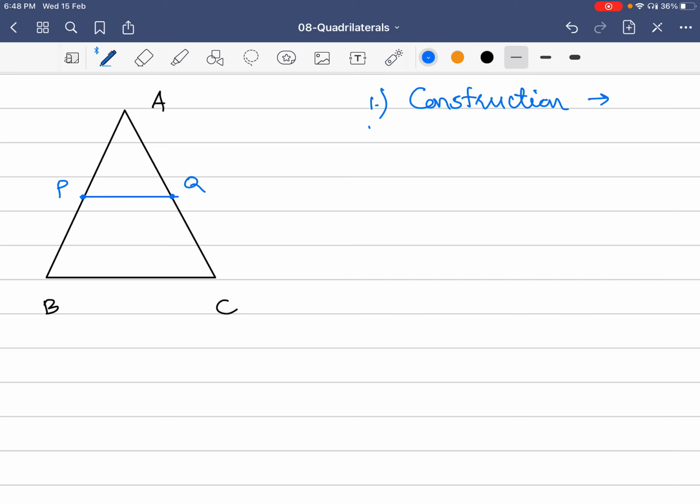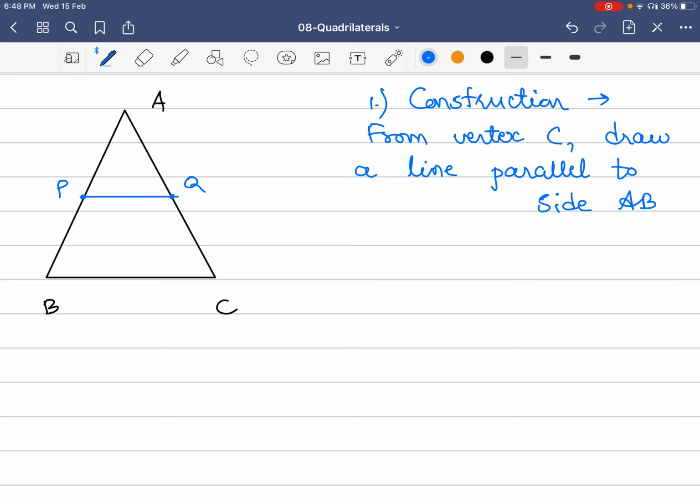So construction: from vertex C, draw a line parallel to the side AB. So our line will look something like this.